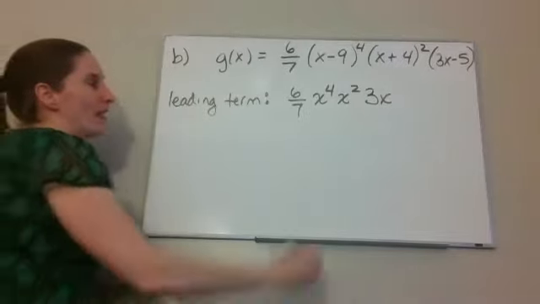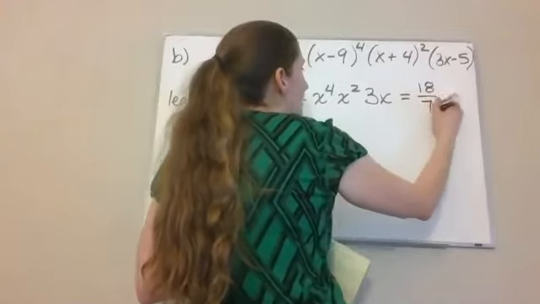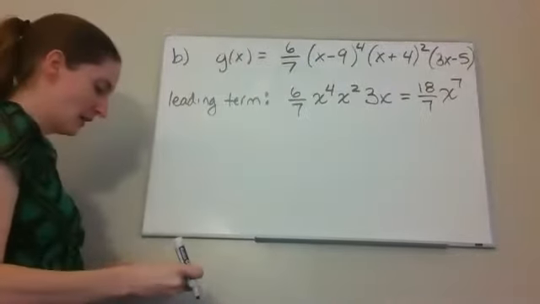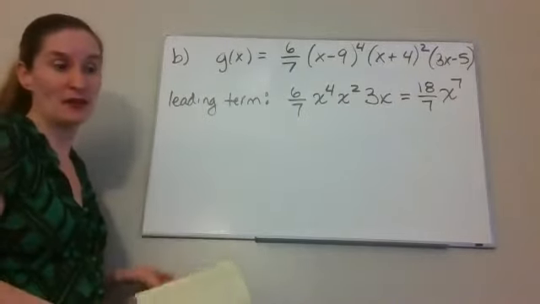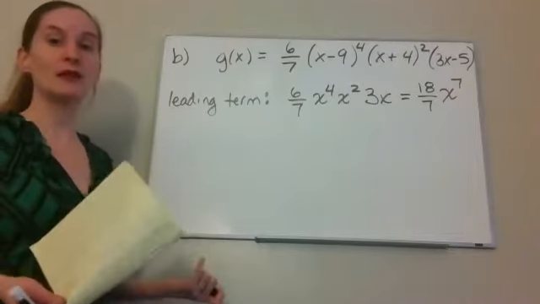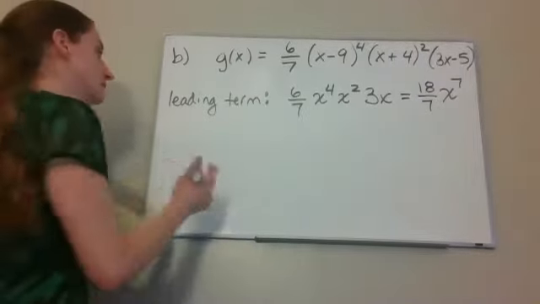So if I multiply all of that together, I get my leading term, which is 18/7 times x to the 7th. The rest of this polynomial, I don't know what it is. We'd have to distribute everything, but we also don't care what it is at this point. We just want to find out the end behavior, so we only need that first term.